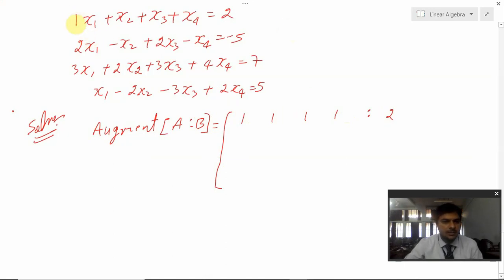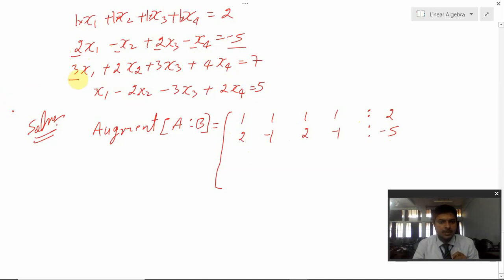So here nothing is there, means I have taken 1, 1, 1, 1. So they are all coefficients of x1, x2, x3 and x4. Then B is outside of the equal to. Next coefficients are 2, minus 1, 2, minus 1, and the third term, you can look at the question, look at the screen, it is minus 5.